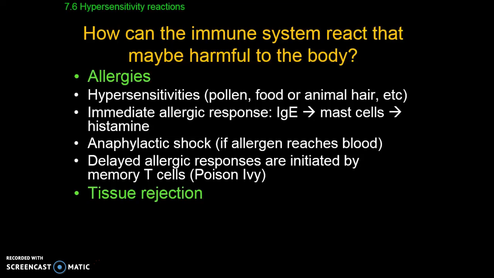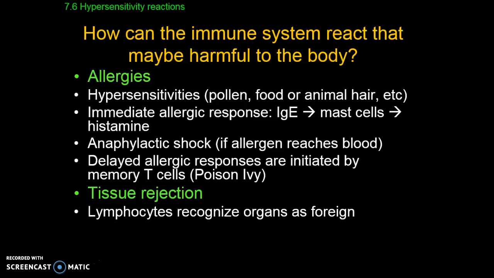It can also be tissue rejection in terms of someone receiving an organ transplant or blood transfusion. There can be rejection of that because your immune system can recognize it as foreign if it's not typed properly.